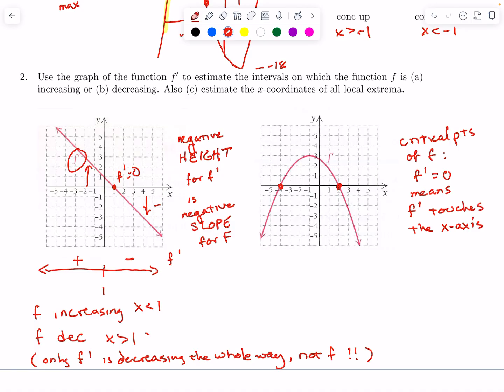Okay, so if we draw a little number line for f prime and collapse this into a one-dimensional thing, f prime is below the x-axis until negative 4, and then above from negative 4 to 2, and then back to being below. So f is increasing between those points and decreasing otherwise.